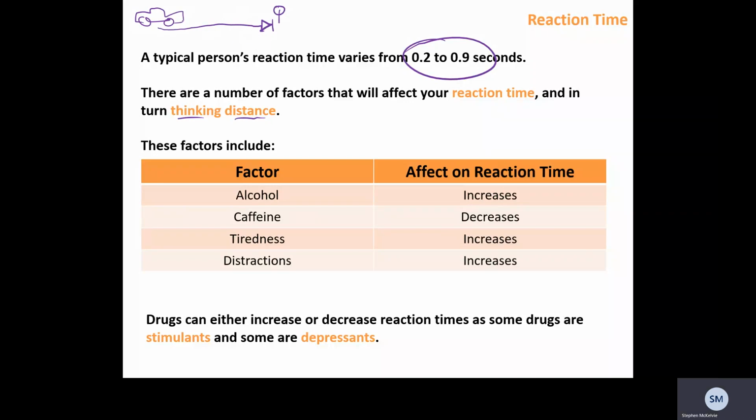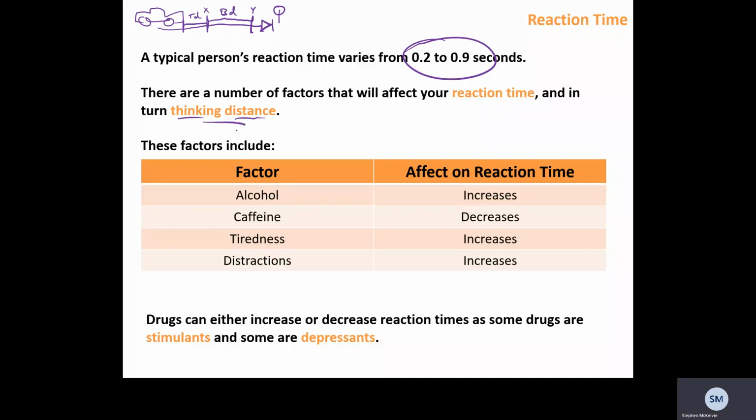The distance that your car travels while you're saying to yourself, oh goodness me, there's a hazard, I better start pressing the brakes, the reaction time, is called the thinking distance. So you press the brakes at the X point, and it still takes some time for those brakes to work. Brakes don't just stop a car immediately. It takes a bit of distance. We call this the braking distance.